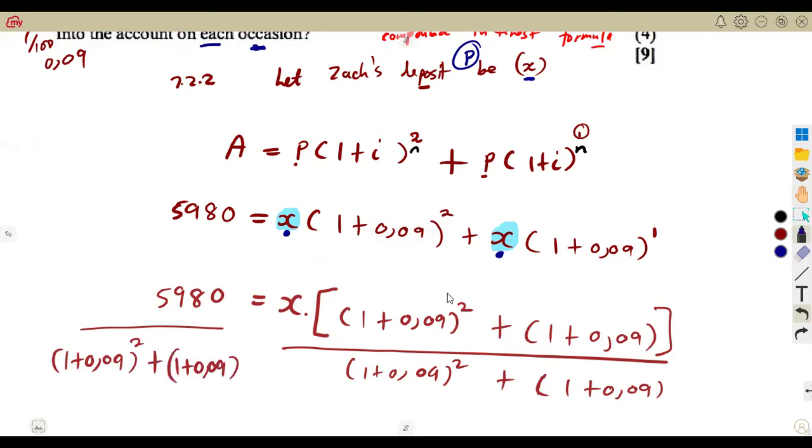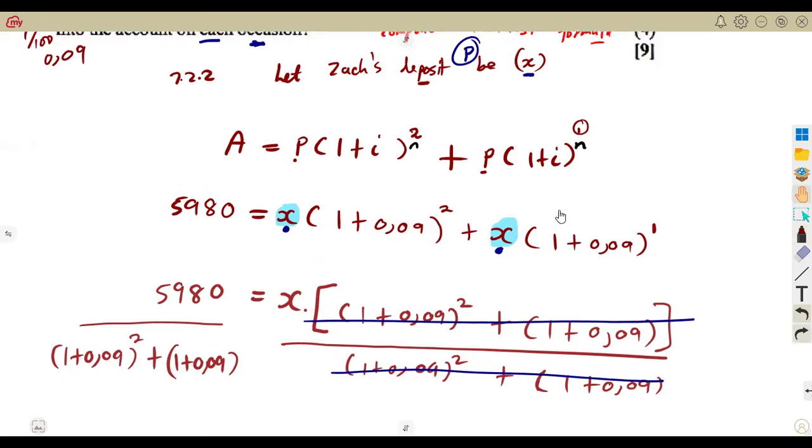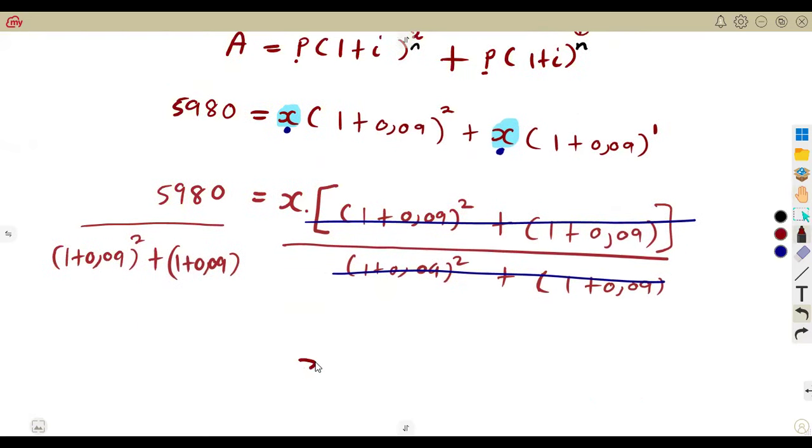So by doing this, you are canceling this, and you are remaining with what? With X, which is representing the principal, the money that was invested, the money that Zeki has to deposit into the account. So that's it.